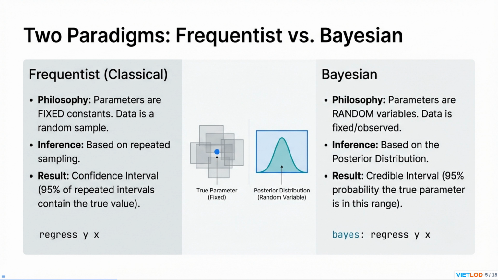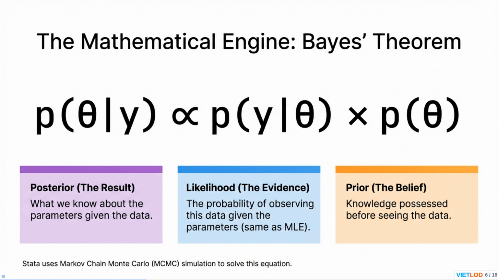There is a 95% probability that the true parameter lies within this specific range. This philosophical difference is also evident in statistical software, for example, using a standard regress command versus a bayes prefix with bayesgraph. This fundamental shift in understanding parameters and uncertainty is powered by a critical mathematical theorem, which we'll explore next.